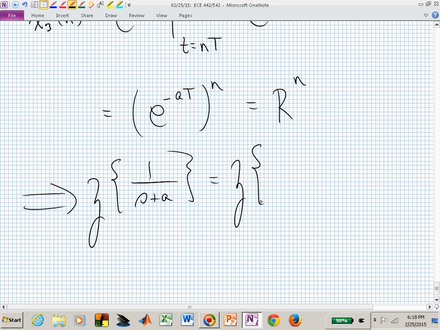Now that we've seen all the different versions of e to the minus ant, etc., we have e to the minus a capital T sampled. Whoops, what am I doing? Getting ahead of myself. So let me put this T there.